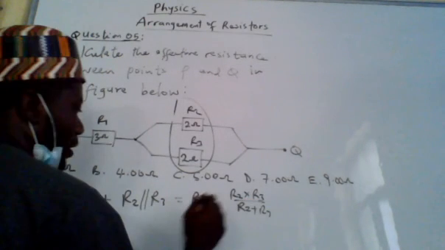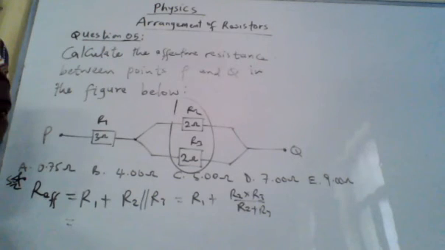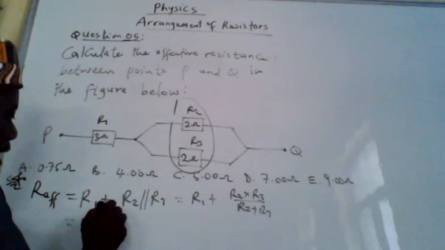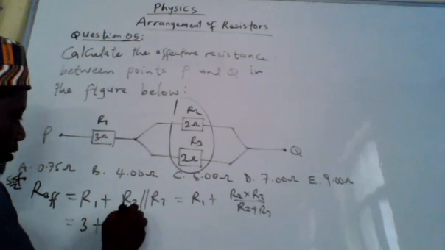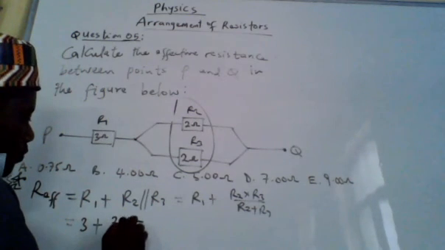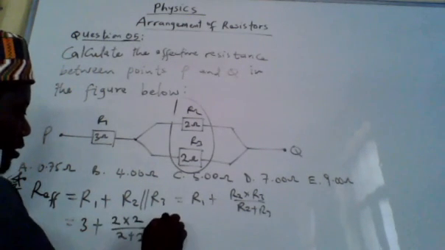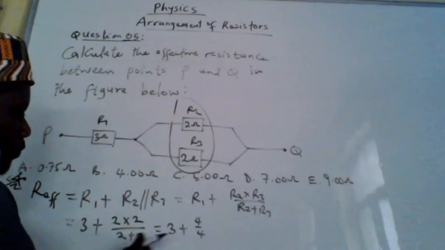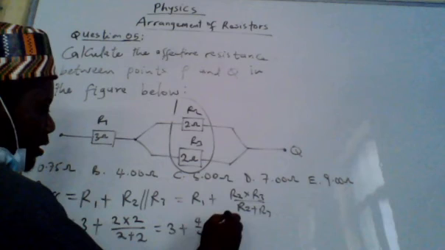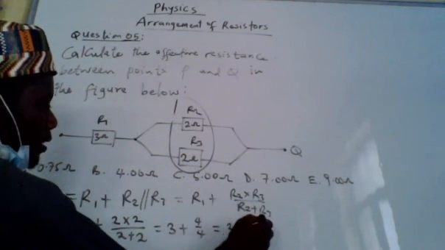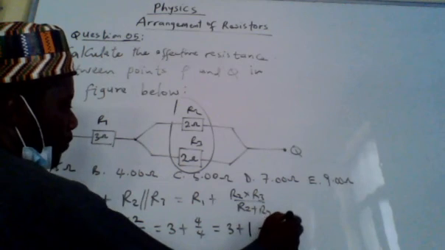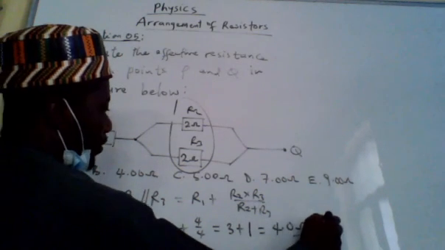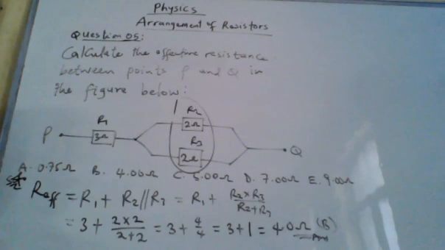So that is now equal to R1, which is 3, plus R2, 2, times R3, 2, over 2 plus 2. That will be 3 plus 4 over 4, 2 times 2 is 4, 2 plus 2 is 4, and that will be 3 plus 1, which is 4.0 ohms. Option B is the correct answer.